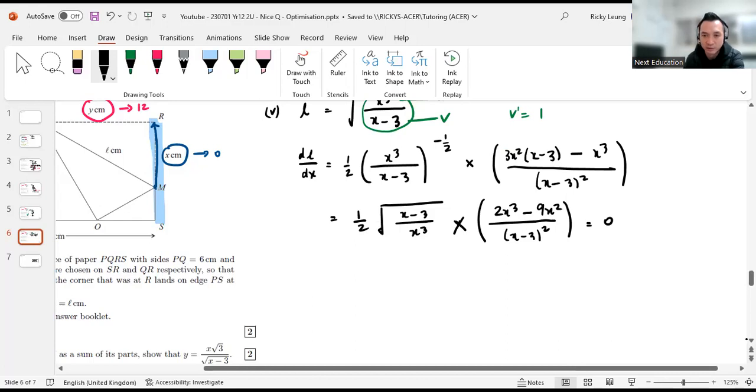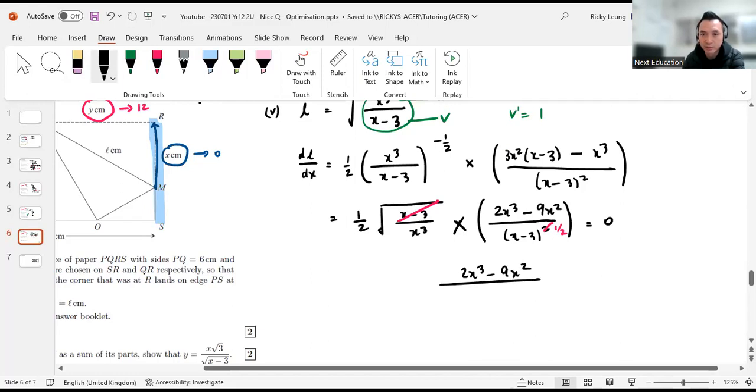Technically, if I was to clean this up, let me clean it up first. See this guy? Are you okay to cancel this out with this guy, and it leaves a half. So if you simplify this crazy expression, it becomes 2x cubed minus 9x squared on top.